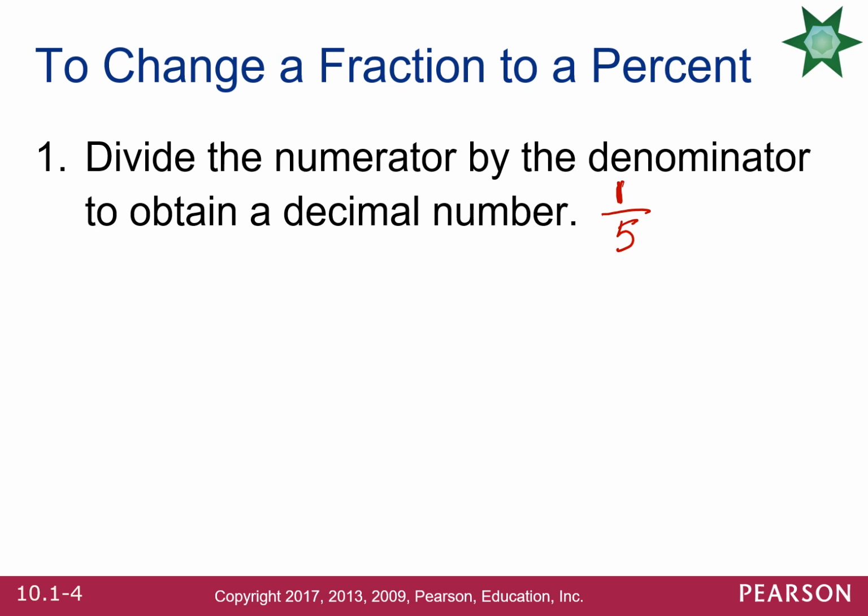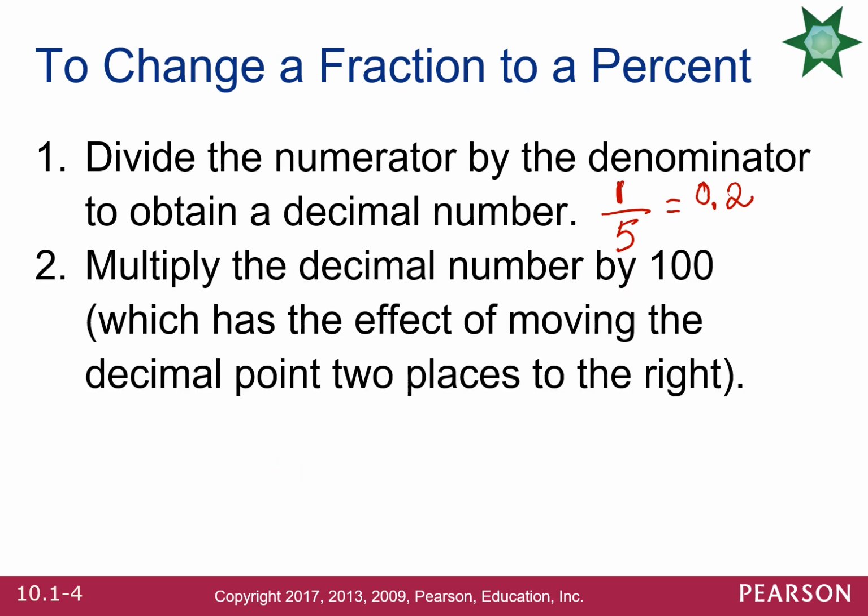So when we divide the numerator by the denominator, we will get a decimal value of 0.2. All right, 0.2. In the next step, you multiply the decimal number by 100, which has the effect of moving the decimal point 2 places to the right.